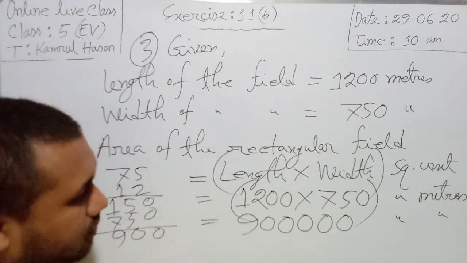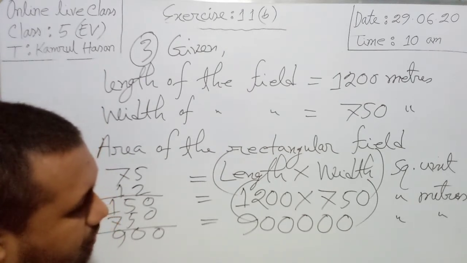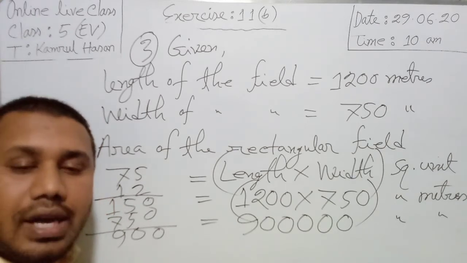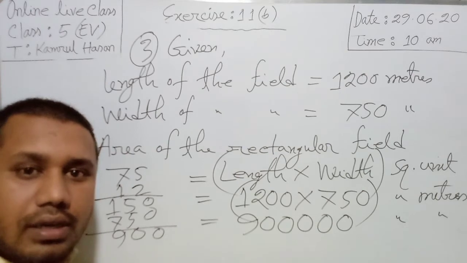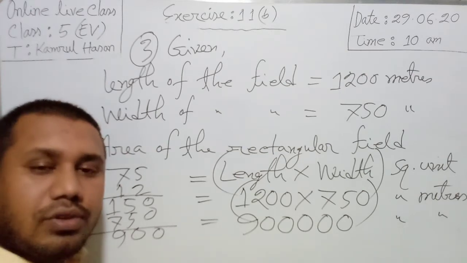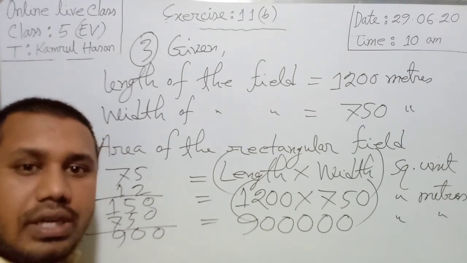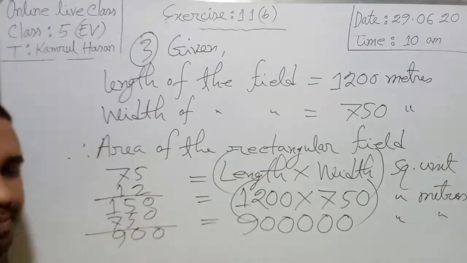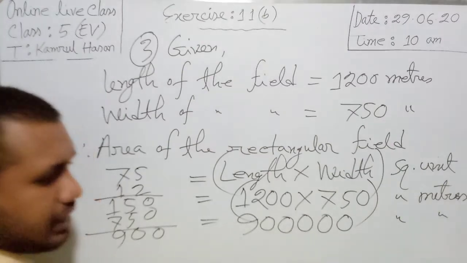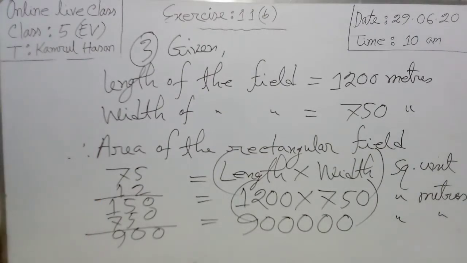And now look, 90,000 square meter. Now we know when 10,000 square meter, then we need 1 hectare. Clear? So we can write, if we divide this by 10,000, now what will be the answer?